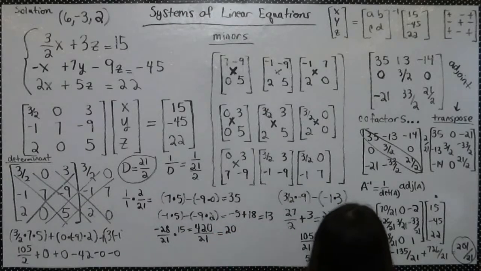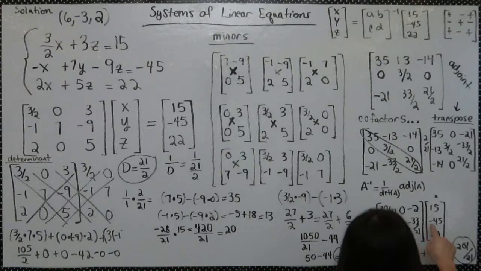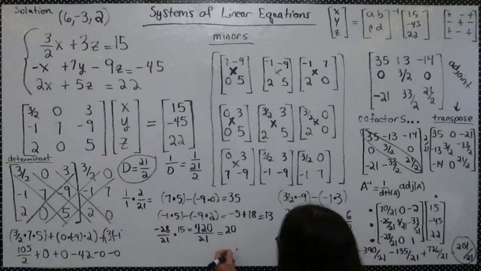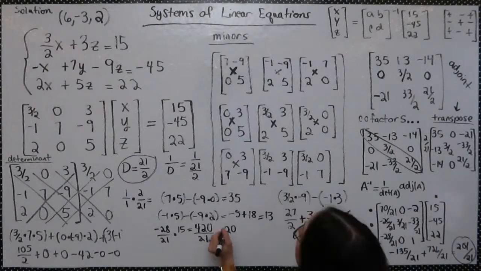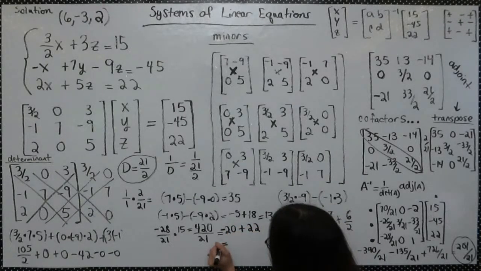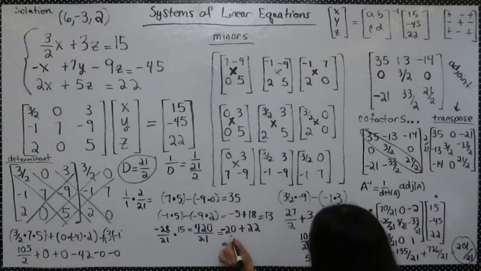So we've got 20. And then 0 times negative 45 is 0. And then 1 times 22 is just 22. So that would be negative 20 plus 22. Oh, okay, good. So we have negative 20 plus 22.